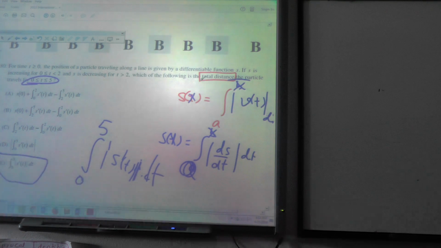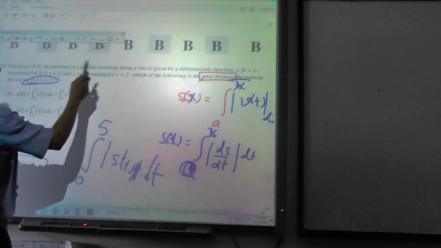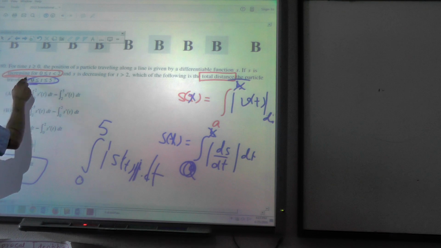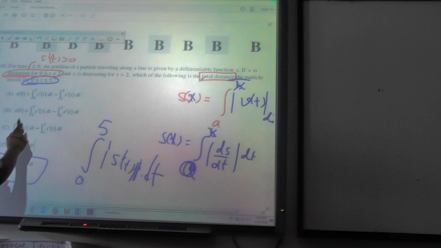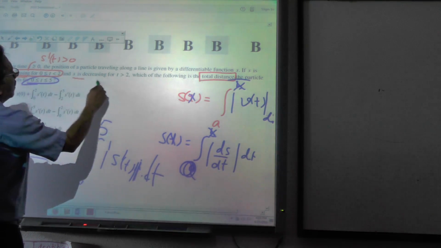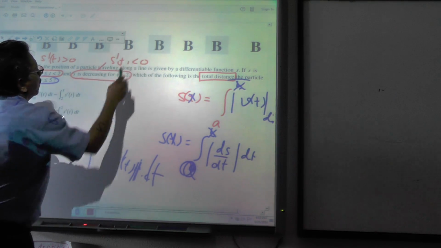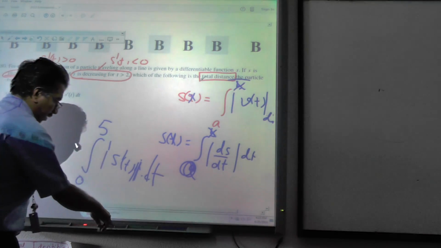But I want you to understand that there's one more thing you have to take care of. If s is increasing, now remember, if s is increasing it means s dash of t is greater than 0 in 0 to 2, and s is decreasing means s dash of t is less than 0. So you could be given an option instead of this.